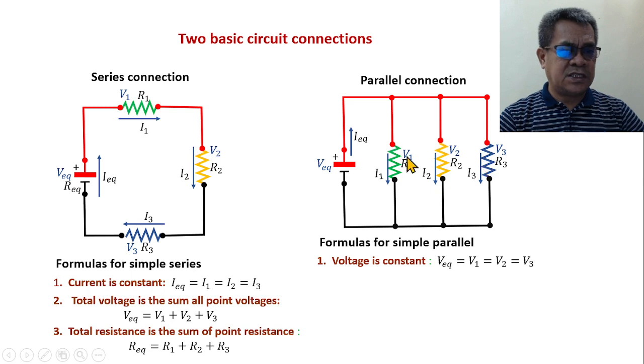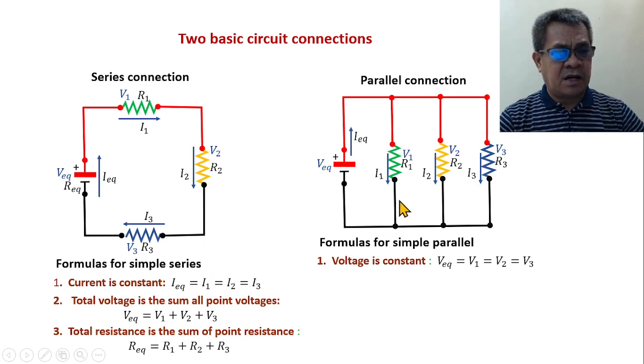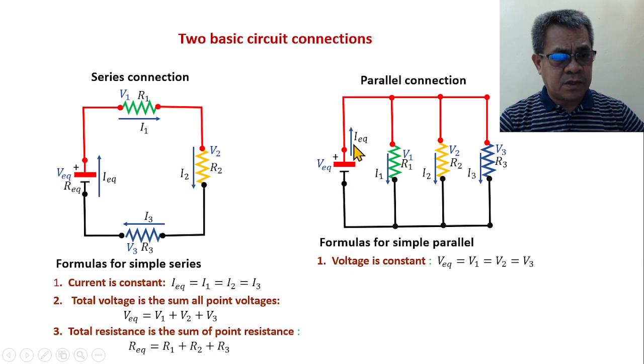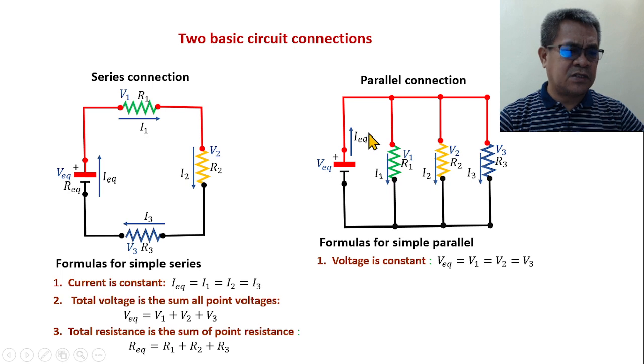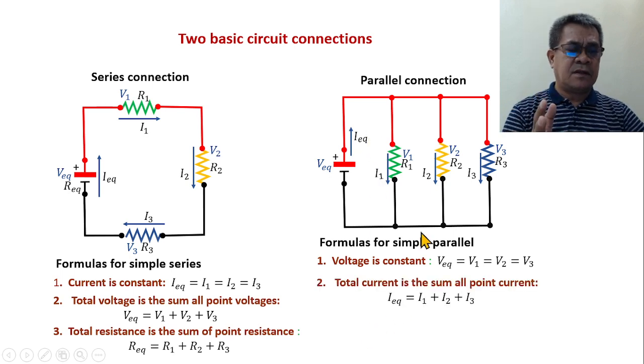Now, take note that this current will travel in the circuit, and at the common point, this I1, I2, I3 must be added. And the sum of I1, I2, I3 must move towards the source. And the result is the equivalent current. Meaning the equivalent current is equal to I1 plus I2 plus I3.